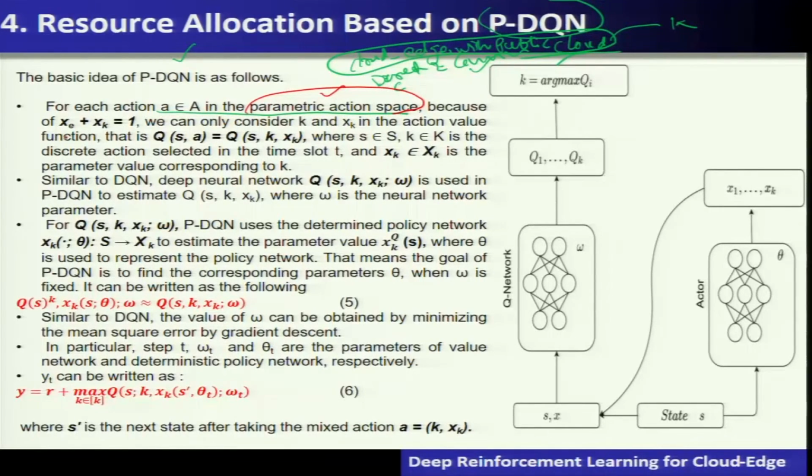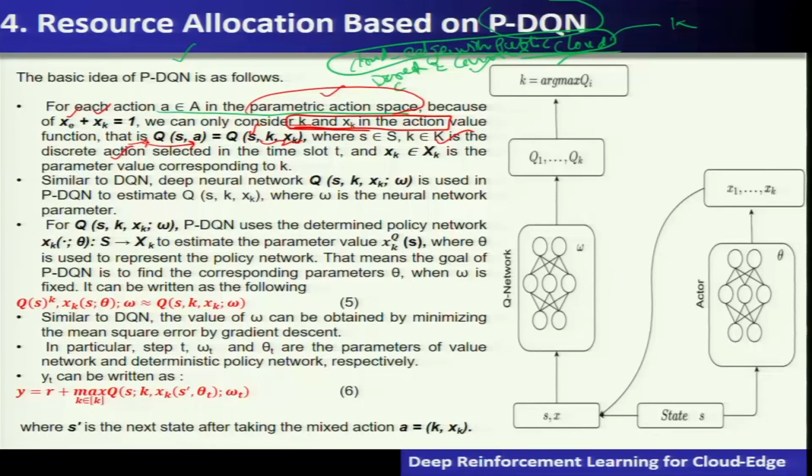So also we know that xc plus xk is equal to 1, that means we can only consider the k and xk in the action value function. So in the action value function, q contains s and a, and instead of s and a, our q function will contain state and parameter k and xk, where k is an element of different parameters.